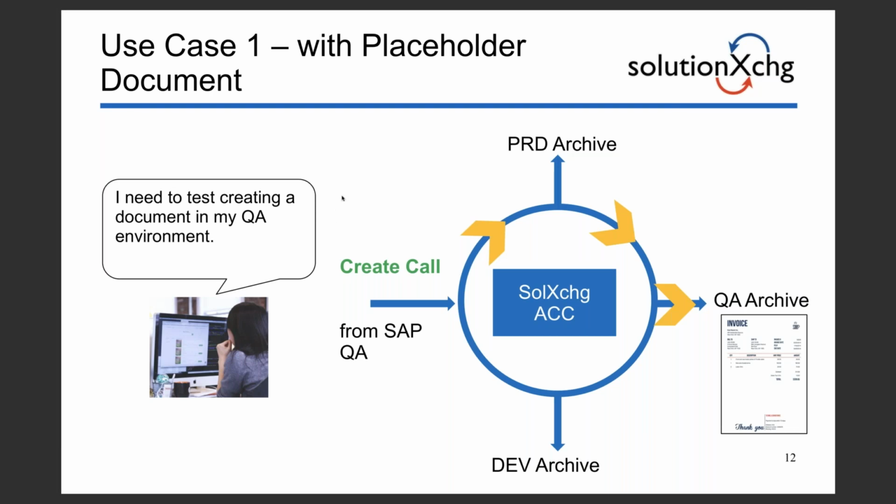But of course, if we look at having placeholder documents in place, placeholder document activated, and we have a create call. That create call, of course, goes through as planned, and the document then subsequently is displayed accordingly and is correctly pulled without serving up the substitute.